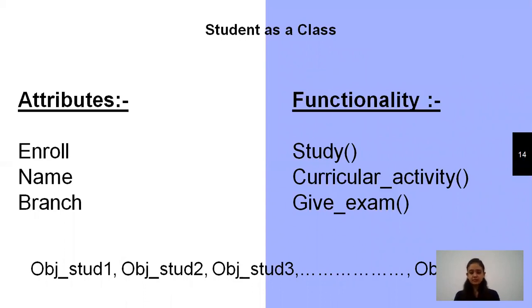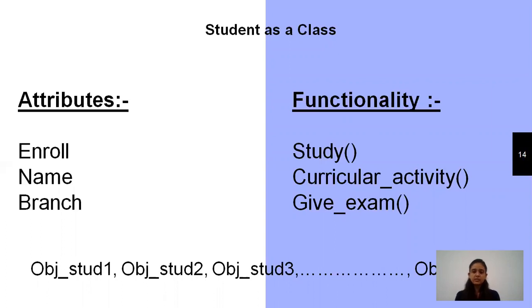So let's take an example of how to create a class and objects in Python. This class and object concept is related to object-oriented programming. Fifth IT students have already studied the Java language, that is the object-oriented programming concept, and fifth ICT students are going to study now what the OOPS concept is.